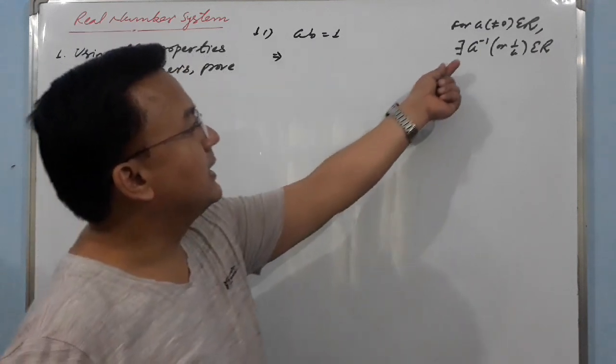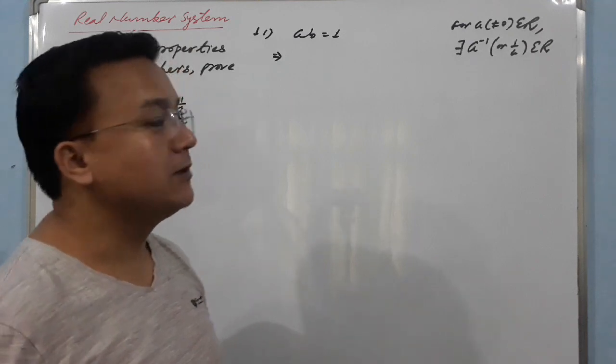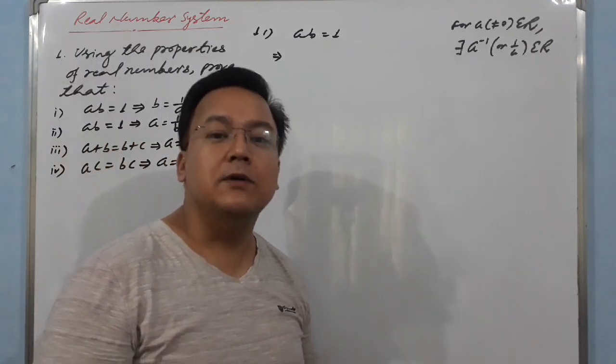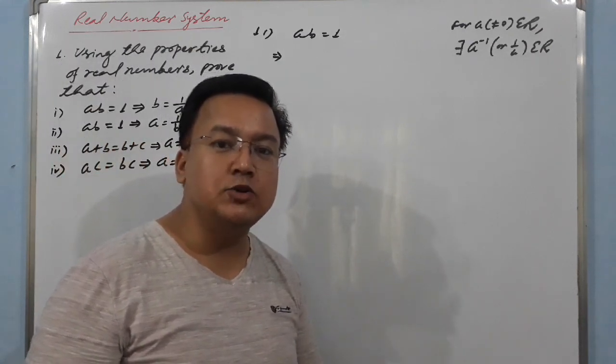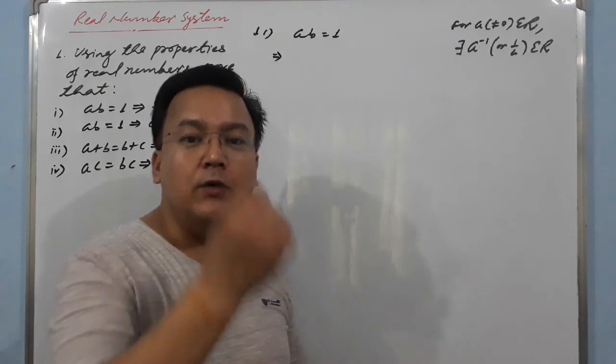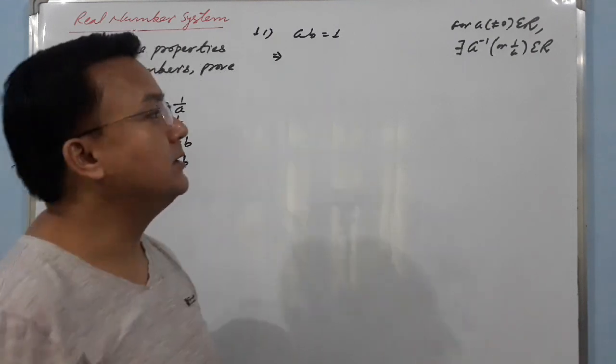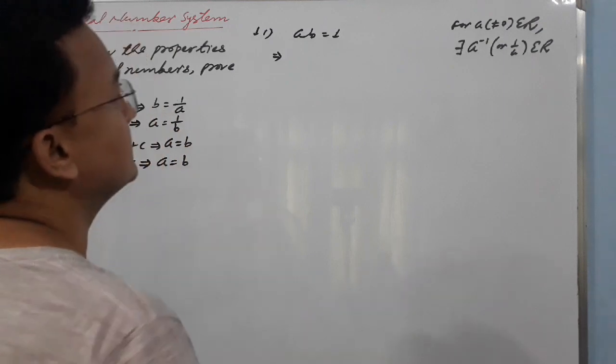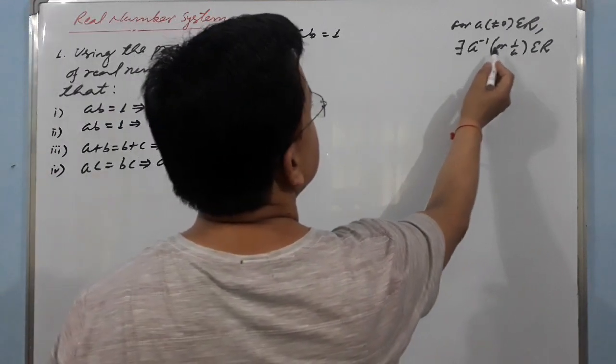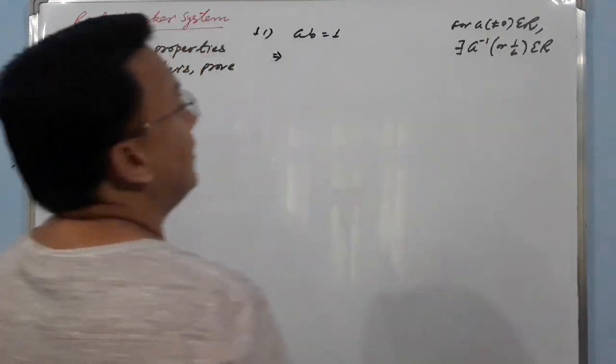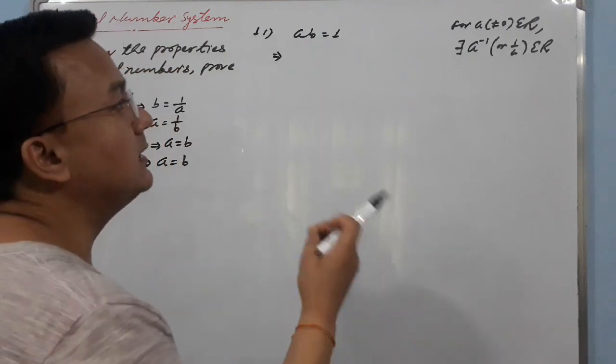If we have 1, then 1 is the multiplicative inverse of 1. If there is the real number 2, then 1/2 is the multiplicative inverse of 2.